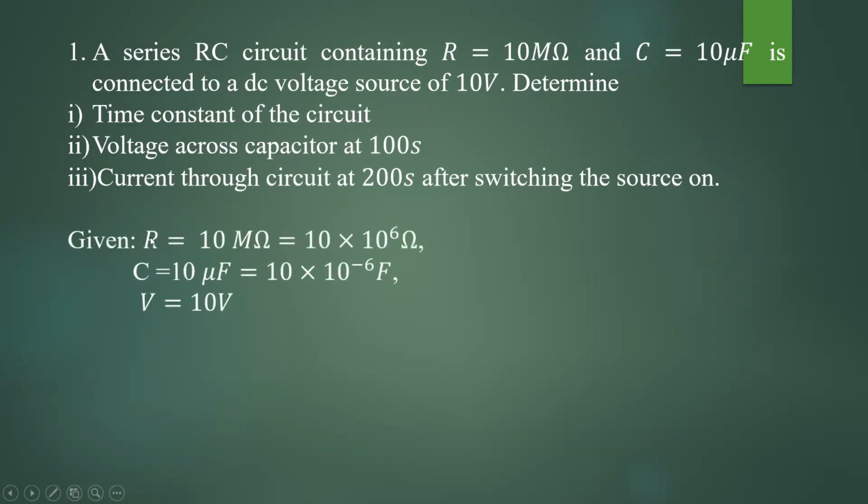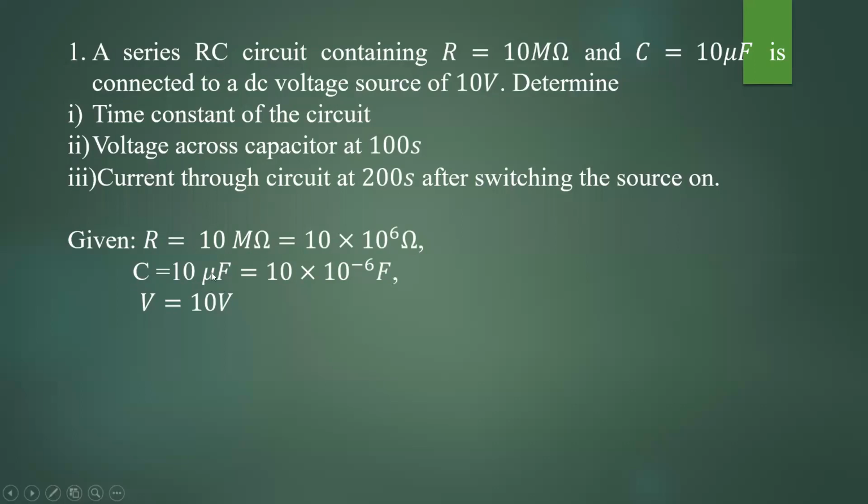Okay, so what are the given quantities? R is given, that is 10 mega ohm. Mega means 10 to the power plus 6. So 10 into 10 to the power 6 ohm. Then the capacitance C is 10 microfarad.